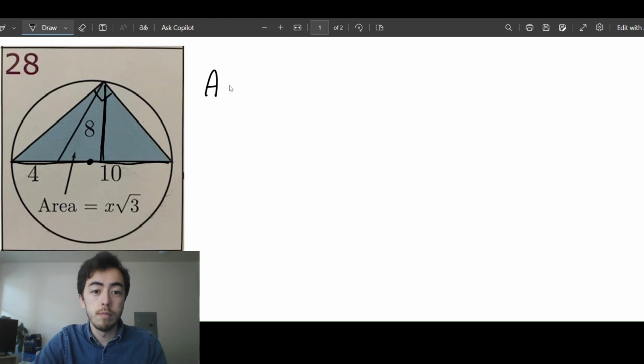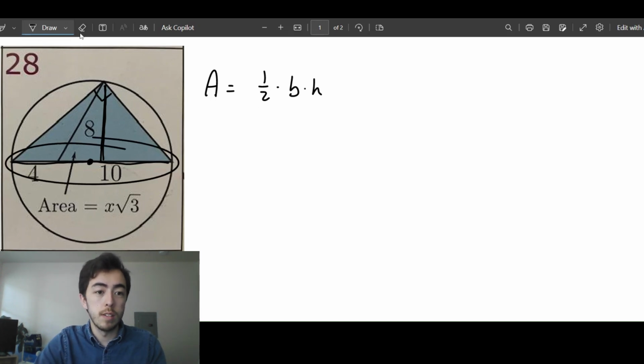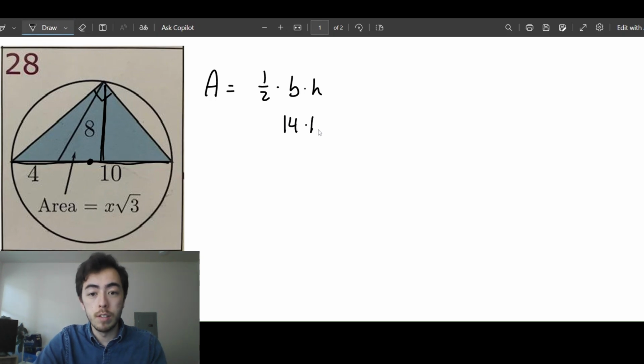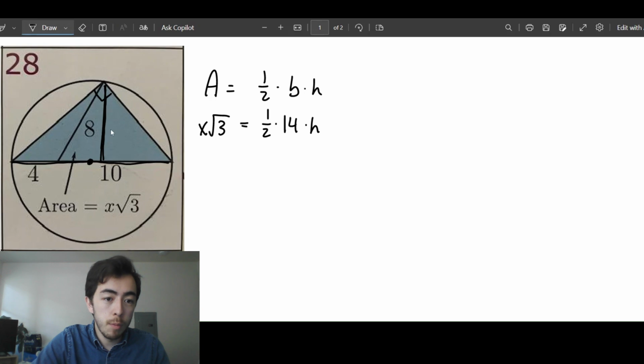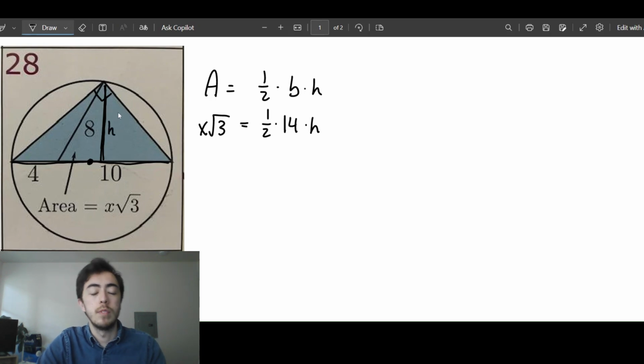Anyway, area is 1/2 times base times height. The base is just this length right here, 4 plus 10 is 14. If I get that h, I'm basically all set. The area of the triangle is going to be x root 3, so once I find h, I'm done. I'll mark it on the diagram right there.